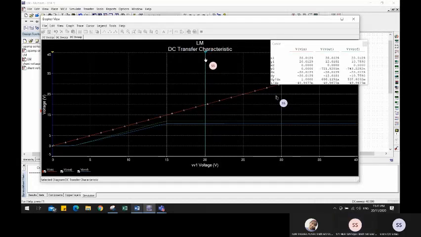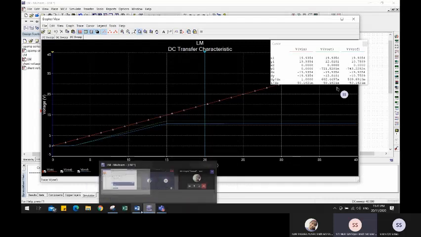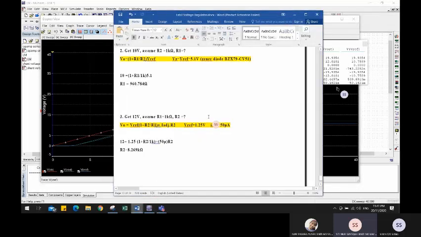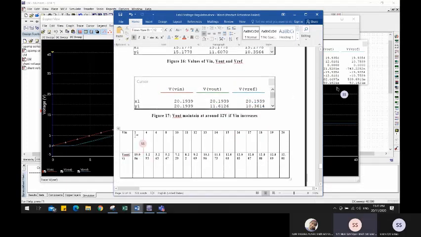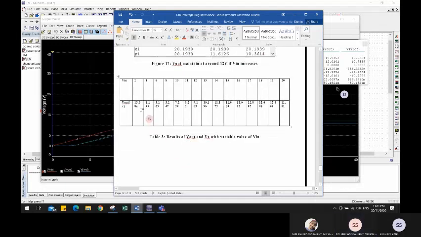We can get 12 volt at 15, and it will be constant until 20. This is the same as the result that we have here, 2 volt until 20 volt. So that's all.